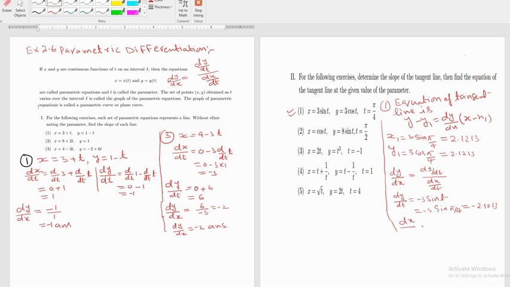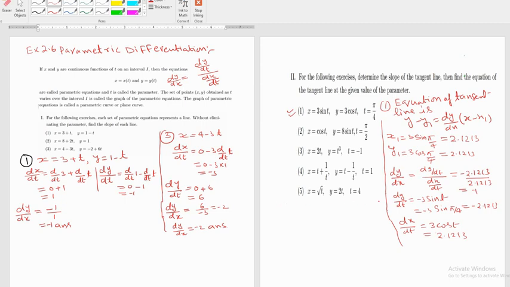And dx/dt is equal to 3 cosine t, which at pi by 4 is 3 cosine pi by 4, that is 2.1213. So dy/dx is minus 2.1213 divided by 2.1213, which is equal to minus 1.